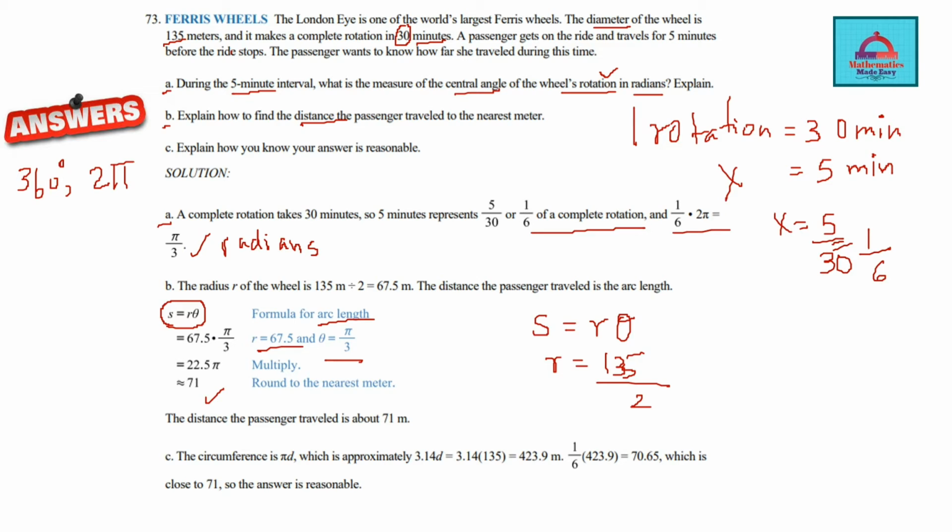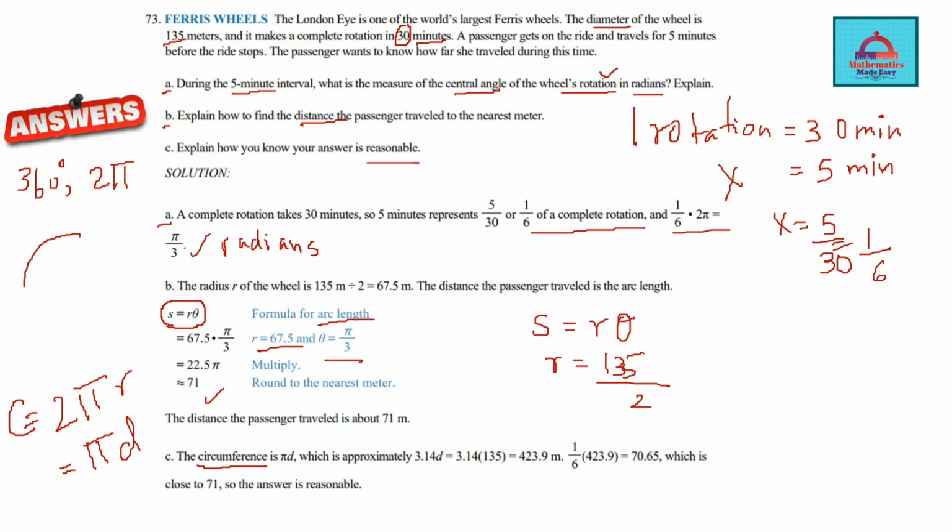Next is part C, where you need to justify and check your answer. Explain how you know your answer is reasonable. We have to see whether the answer you got in part B, 71, is reasonable or not. To do that, you will use the simple formula for circumference. The formula is either 2 pi r, or in terms of diameter, pi d. It is the total distance covered.